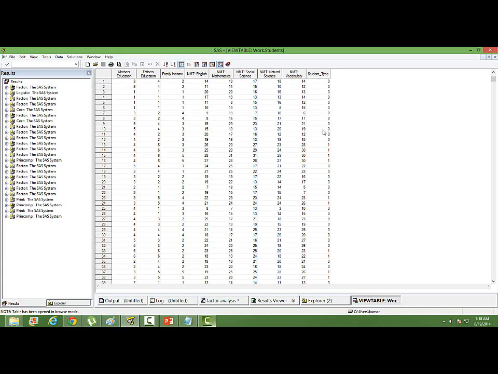So what are the categories? 1 and 0. If the category has a value of 1, it's a good student. If it's 0, then it's an average student.